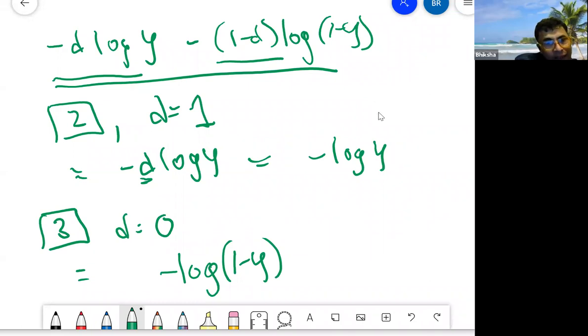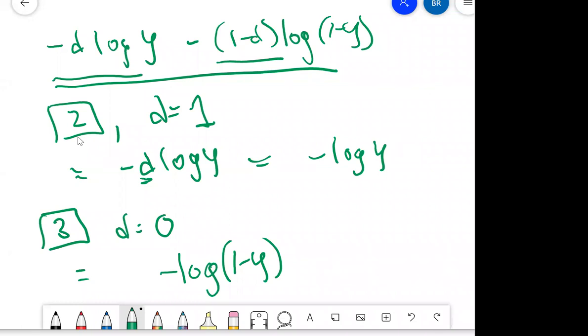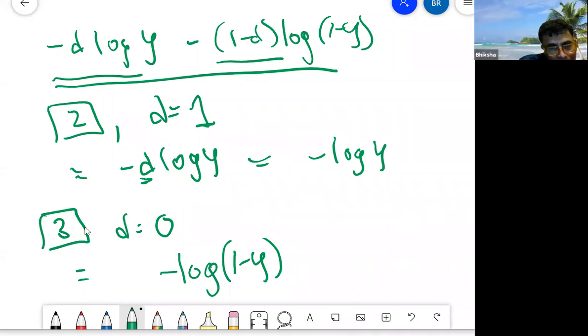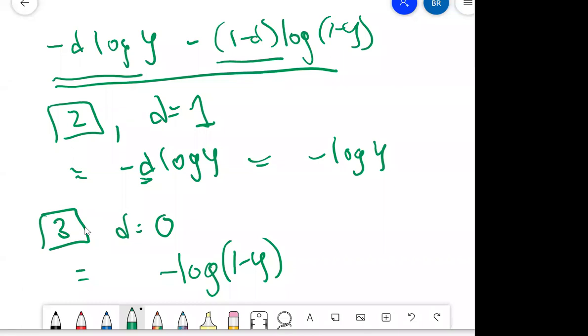Now, if the network is outputting the correct value for the input, then Y is going to be equal to D. So for this image, what is the ideal output of the network for Y? 1. Then what does this become? 0. For this image, what is the ideal output? 0. So this becomes 0 also.